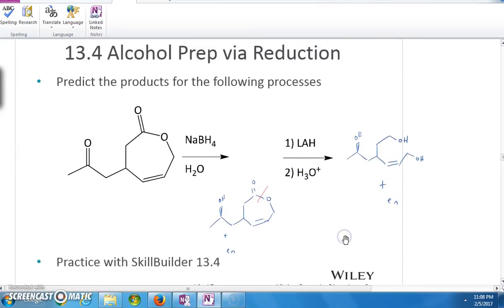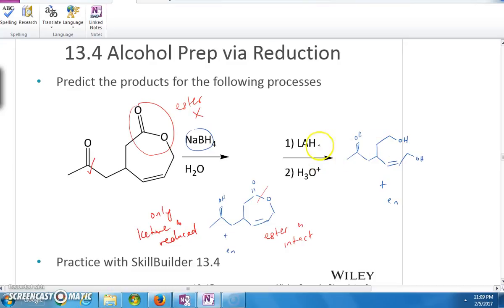Now, let's predict the products for the following reactions. Of course, we know that sodium borohydride will not touch an ester. This is an ester. It will only reduce the ketone. It can't reduce an ester, so we expect that the ester will be intact. Only the ketone is reduced.